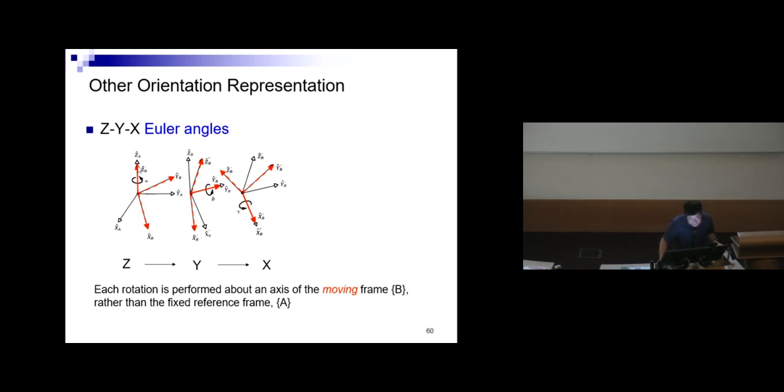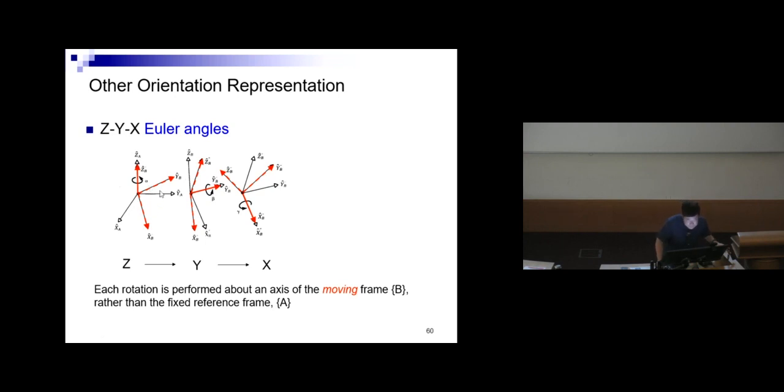You have your frame, both A and B. And then you rotate along the Z by an alpha. So you have this rotation.